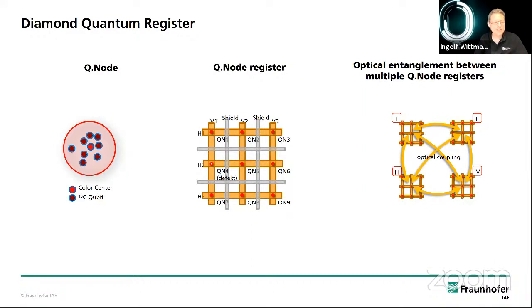What you can also think about is to build more than one vacancy center within one diamond, to have, for example, two qubits in one diamond.